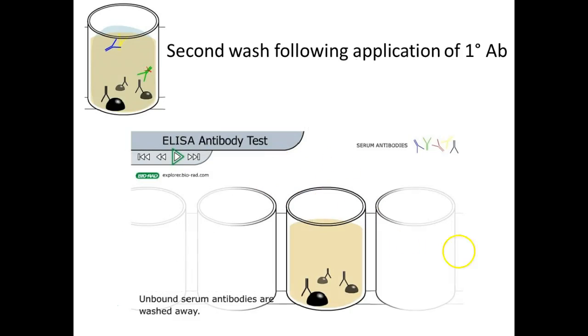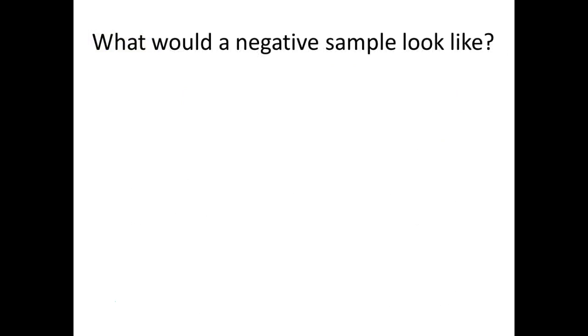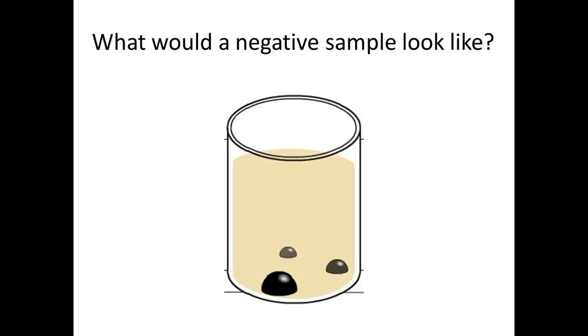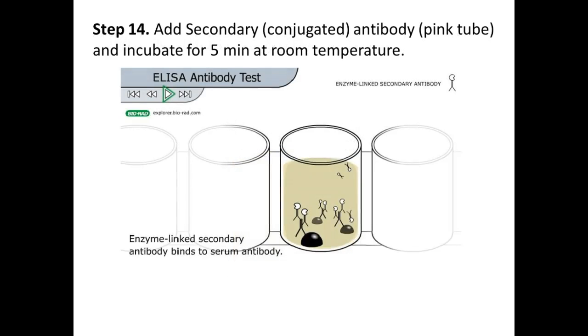So the next step, once we've got antigen and possibly primary antibody present, we're going to add the secondary antibody. And this is the important one. So remember, negative samples, just antigen. So here's our secondary or conjugated, because they've added that enzyme to it. It's going to be your pink tube that you get.